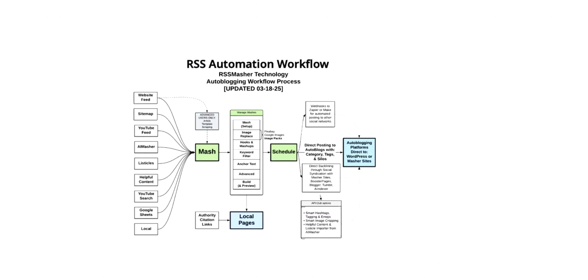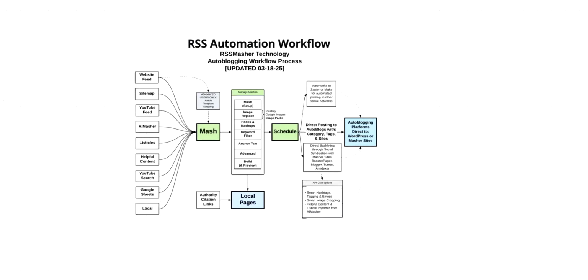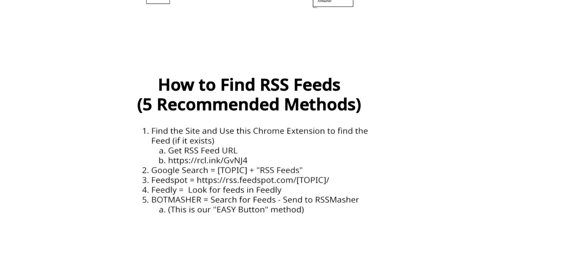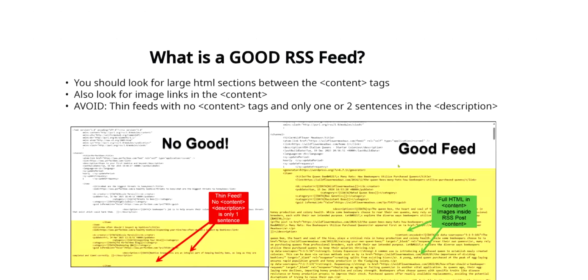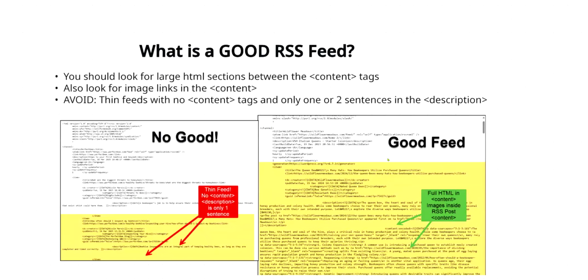Okay, so we talked about the workflow. We talked about how to find RSS feeds with the 5 methods. And I would say 4 have a little bit of work. Number 5, that's our easy button, Bot Masher. So what is a good feed and bad feed? We talked about thin feeds, where they have no content section and maybe 1 or 2 sentences in the description.